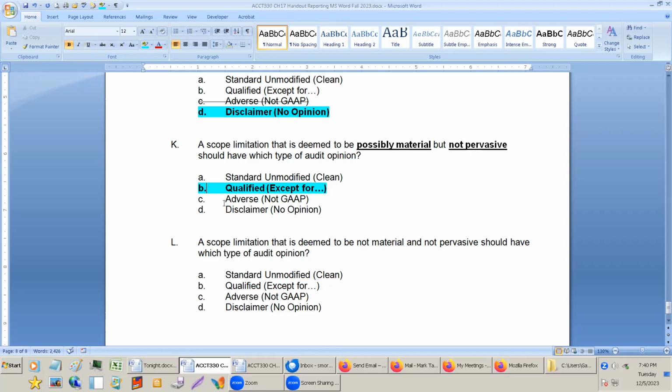And a qualified opinion is better than a disclaimer, because a qualified opinion says overall the financial statements can be relied upon. So if you're given the choice of here's nothing, or here are the financial statements with this qualification on it, that there's this one account, inventory or accounts payable, whatever it is, that we can't verify, but everything else is okay, and you can rely on these financial statements.